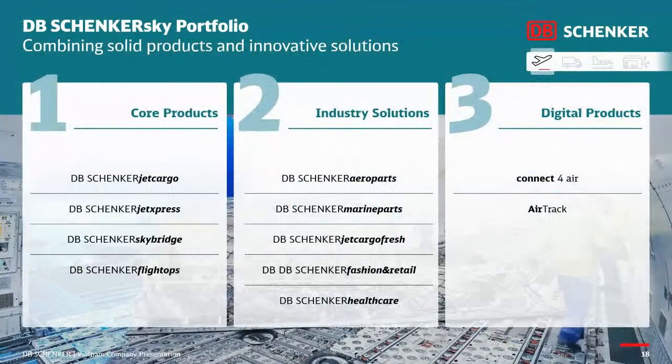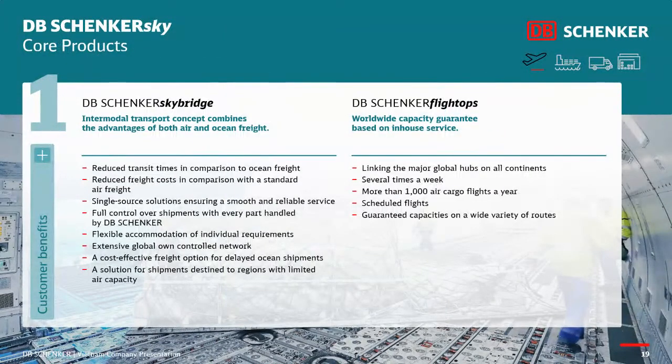You can see here, we have different products inside air freight. We have normal Z Cargo, Z Express, Skybridge, and flight operation. Z Cargo is the core air freight product, and we also have solutions and digital products, and I will go into detail on each product in the next slide.